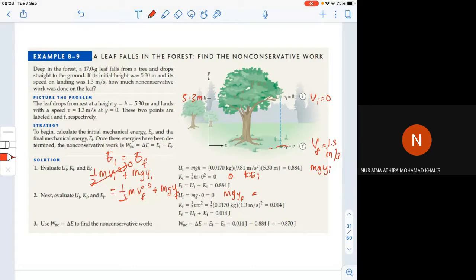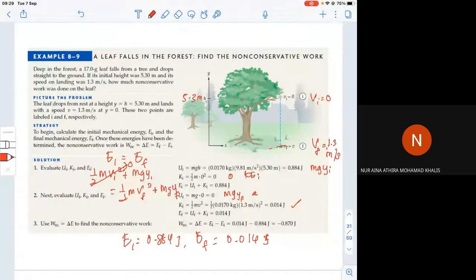The kinetic energy final, based on the final speed given to us, is 0.014 joules. So the energy final is equivalent to 0.014 joules, while the energy initial is equivalent to 0.884 joules. So you can see now that E final is not equivalent to E initial.